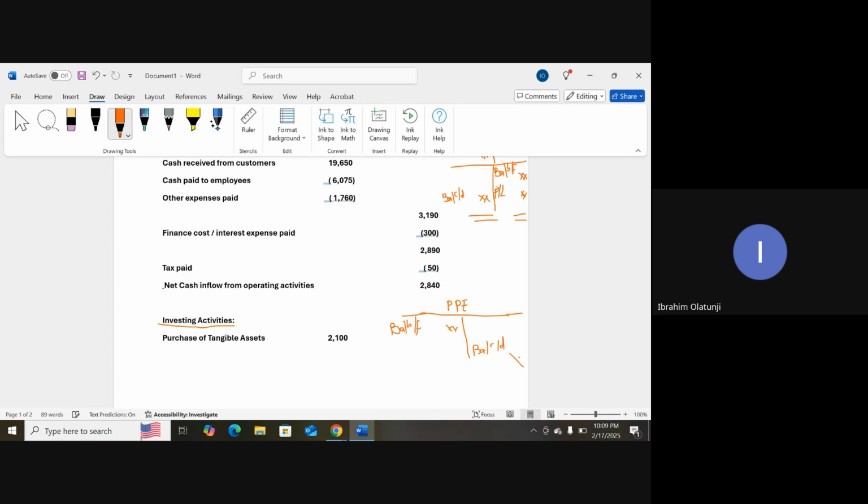If there is an upward revaluation, you put your revaluation. If there is a disposal, you put your disposal here, because it means you've already disposed of the asset and it has to reduce the current position of your asset. Then if there is depreciation, you put the depreciation here. By the time you do your plus and minus, the difference will be the payment that you made for the new asset.